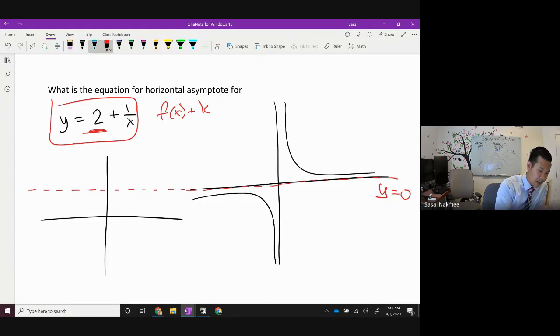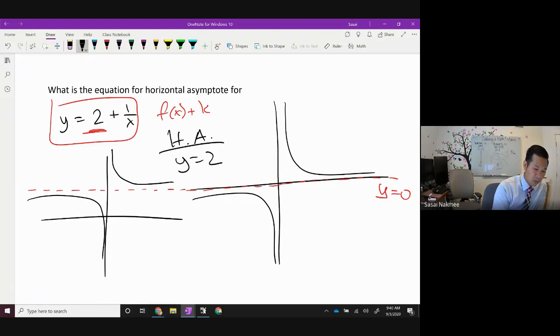Your graph would now look like this instead, which is still the same shape, just shifted up. So by visualizing that shift, you could see the horizontal asymptote equals 2 now instead of 0, because you just moved it up 2. Hopefully you're able to see that.